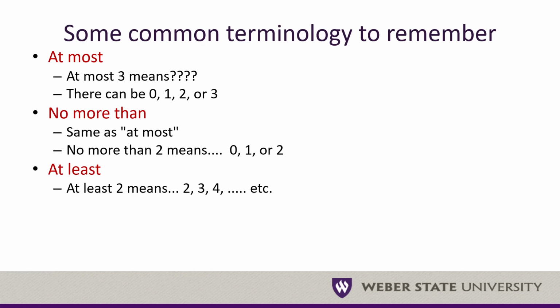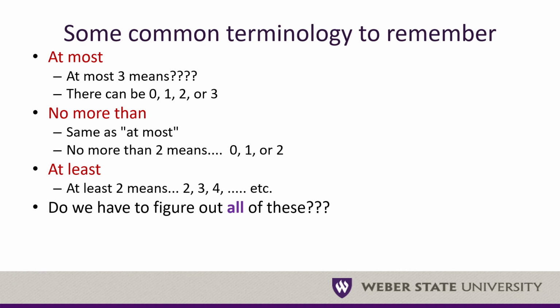But the question is, if I'm looking at 100 things and I tell you at least 2, do I have to figure out 2, 3, 4, 5, 6, so probabilities for each one of those? The answer is we cheat. Not really. We use the summation rule. We don't have to figure out 2, 3, 4, 5, 6, 7, 8, even if it's 10. That gives me 2 through 10, 9 things to figure out. I could do it by figuring 2 things out instead of 9.